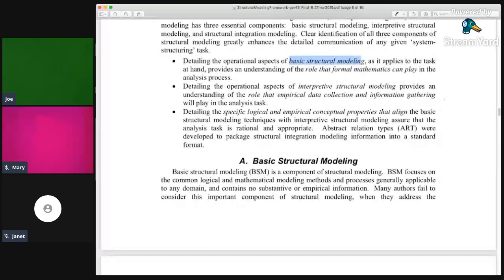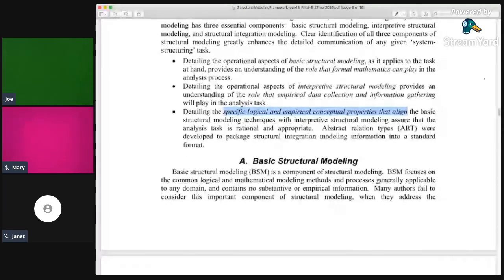Interpretive structural modeling, the specific logical, empirical, conceptual properties right here, those would be in the value sets within the application in the integrator.